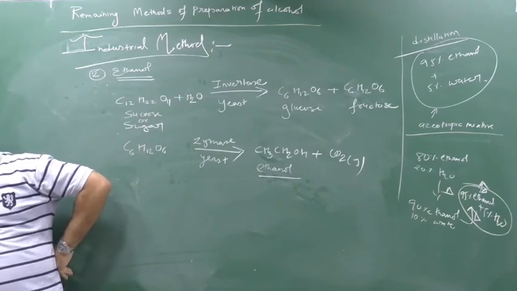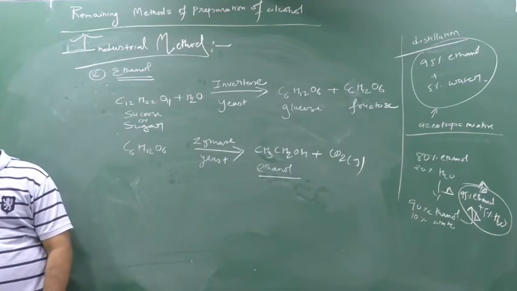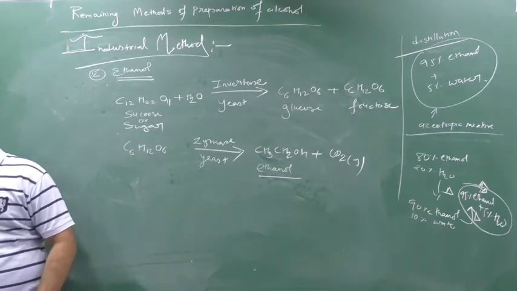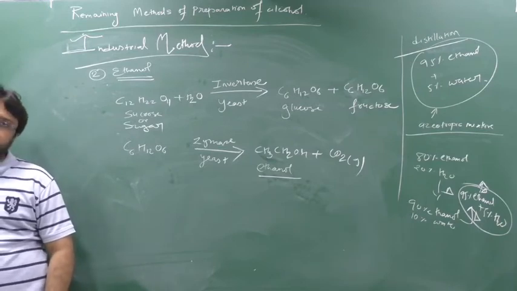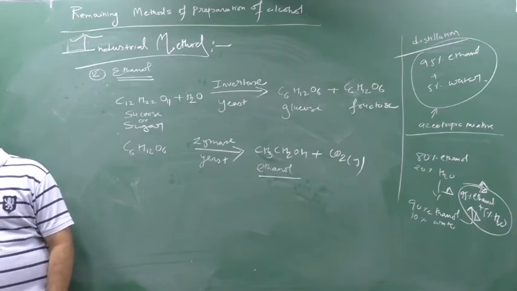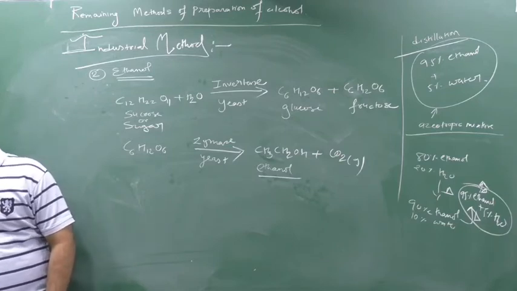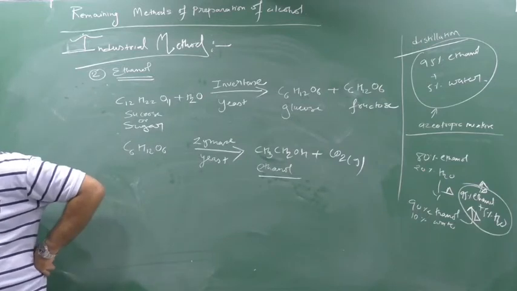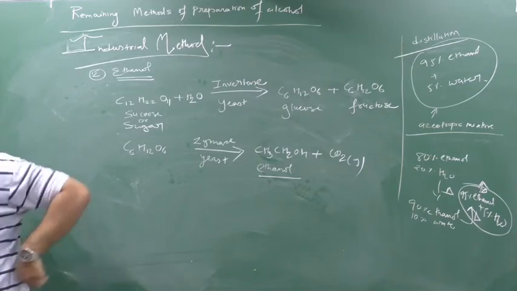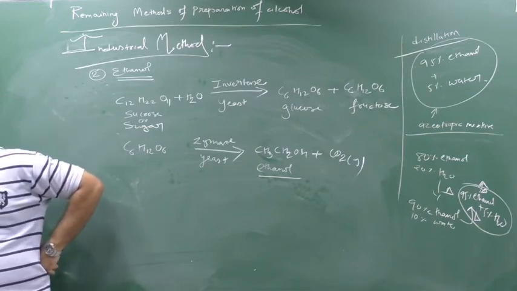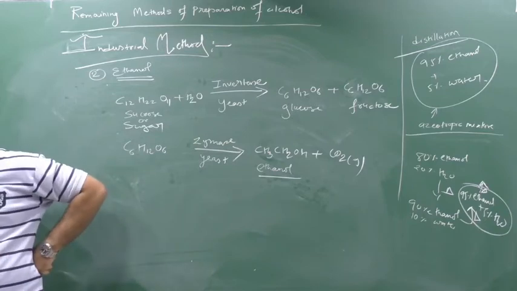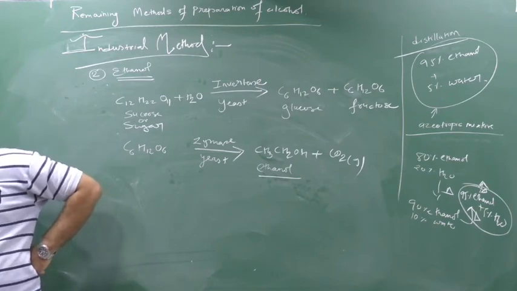For the preparation of ethanol, the most suitable method is fermentation. Next point: ethanol is prepared by the fermentation of molasses in the presence of yeast.